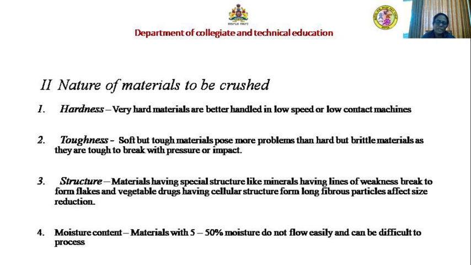These kinds of materials usually pose more difficulty in size reduction than even hard materials. Hard materials can be reduced in size easily if they are brittle in nature. However, soft materials that are tough in nature are very difficult to break by imposing a pressure like impact.